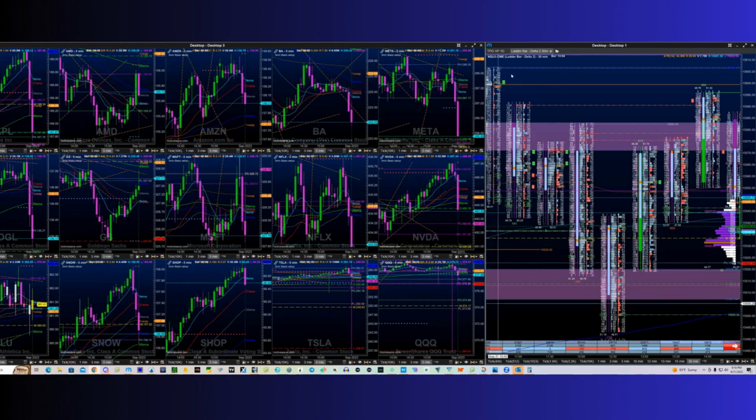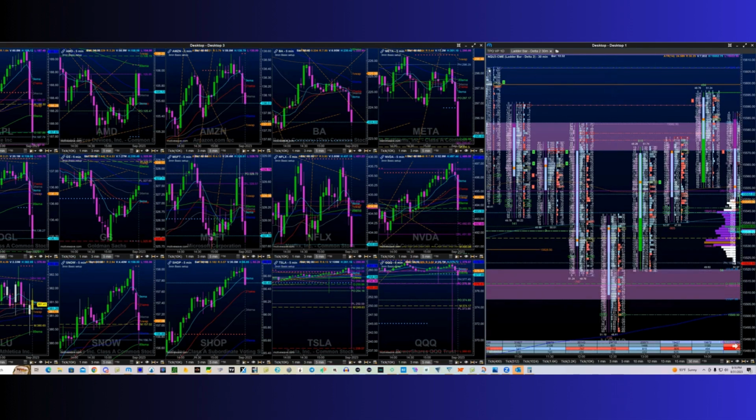Point of control, right? Every time you print a 30-minute time frame, you're going to get a point of control for each 30-minute candle, just like you do on a 15-minute candle. So these all at some point printed a point of control. The way that I use them is I use the pre-existing points of control.